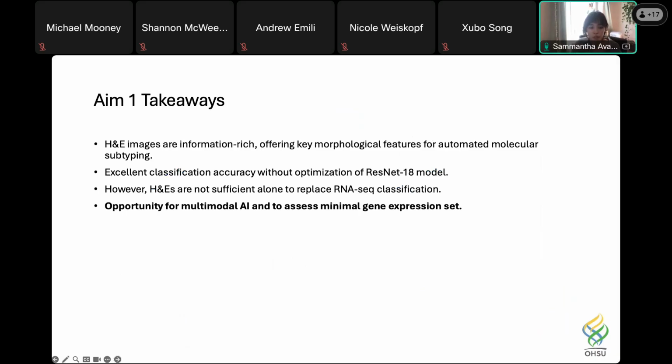However, these results also show us that we can't use imaging alone to replace gene expression-based molecular subtyping, as it doesn't fully capture the molecular heterogeneity of these subtypes as RNA sequencing provides. And so this led us to explore multimodal AI methods to see if we can accurately classify these basal and luminal subtypes.